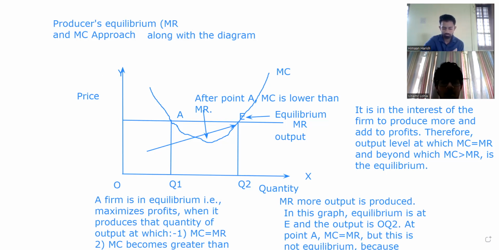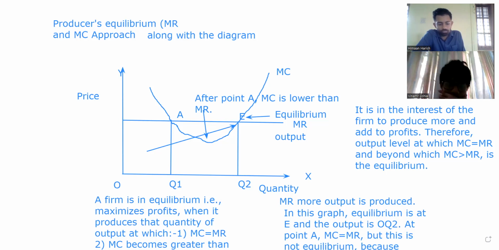A firm is in equilibrium, that is, maximizes profits, when it produces that quantity of output at which MC is equal to MR. When MC becomes greater than MR, no more output is produced. In this graph, equilibrium is at point E and the output is OQ2.